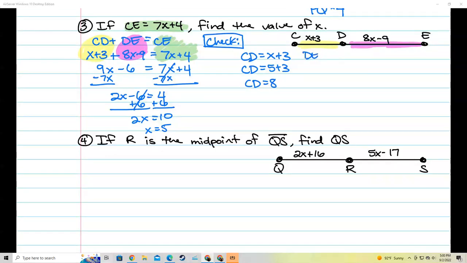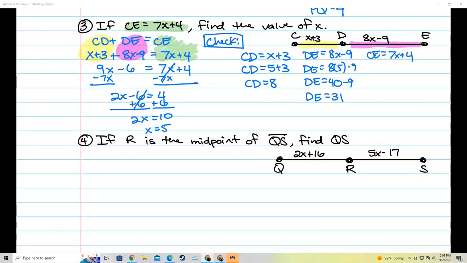Segment DE, they told me in the beginning was 8x minus 9. But now I know that x is 5. So this is 8 times 5 minus 9, which is 40 minus 9, which is 31. And again, on its own, really doesn't tell me much, but I need that last section. The last section was CE. CE was 7x plus 4.